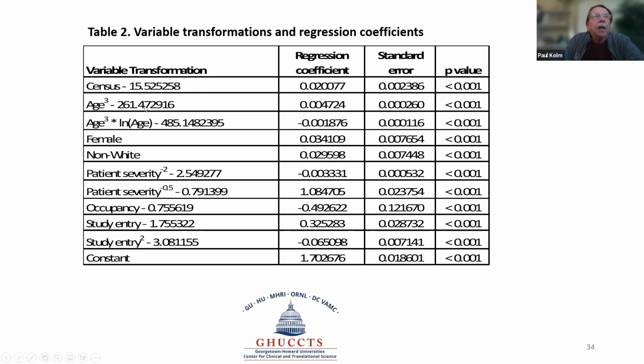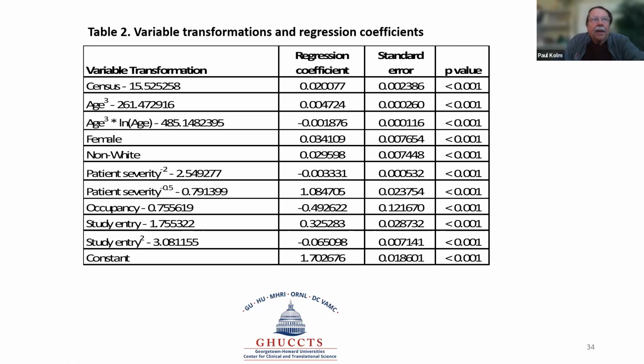Age here, which was nonlinear, we have age cubed, and then we have age cubed times the log of age, and then we have these constants out here that are determined by the model. Then female, non-white are linear. Patient severity, then we have patient severity raised to the minus 2 power, and then patient severity raised to the minus 0.5 power.